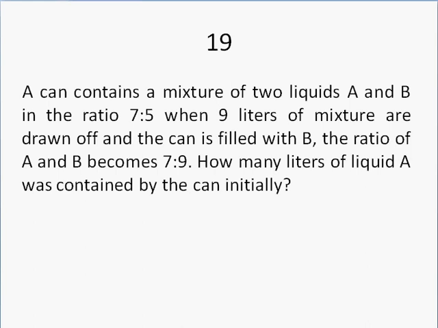Now 9 liters are drawn off. A can contains a mixture of two liquids. Okay, there is a container. It contains a mixture of two liquids A and B, which is in the ratio 7:5. Now we have to find out the quantity of A that's left in the container and the quantity of B that's left in the container. Quantity A is in 7 parts and quantity B is in 5 parts.